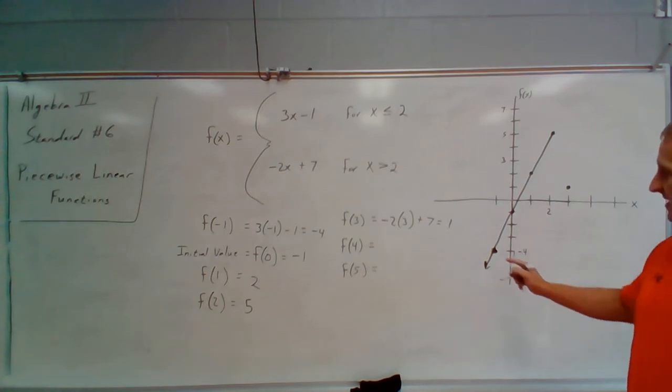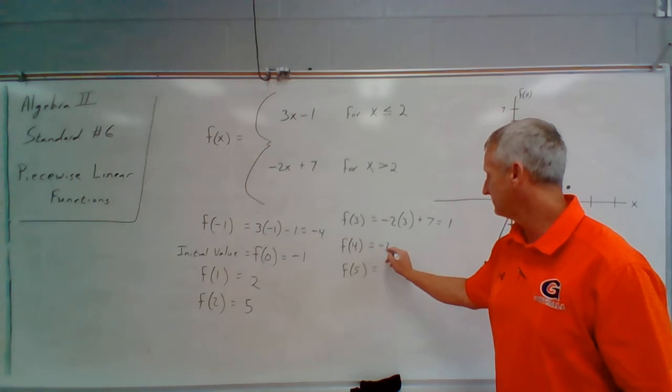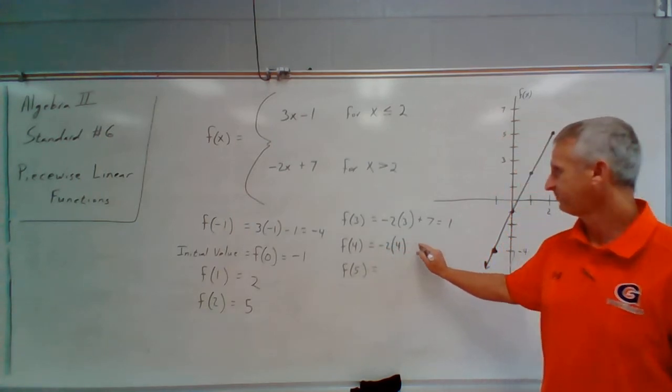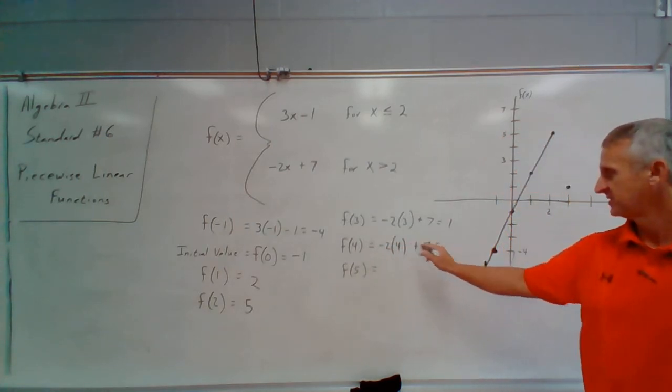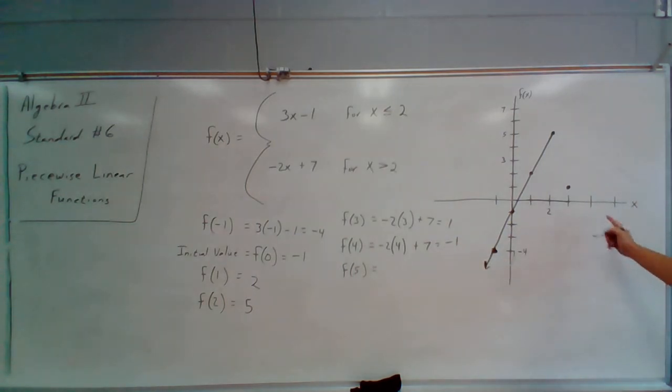Excuse me, sorry. If I put a 4 into this equation, I get negative 2 times 4 plus 7. That's negative 8 plus 7, which is negative 1. Okay, so I put in 4 and I get negative 1.